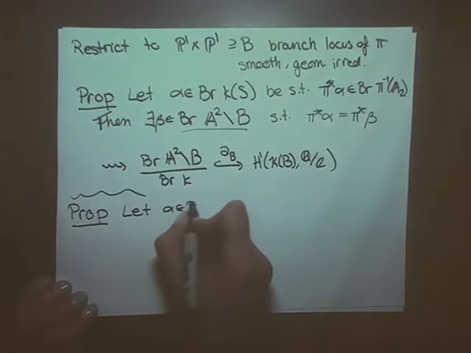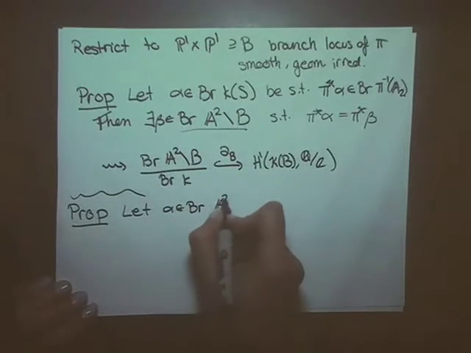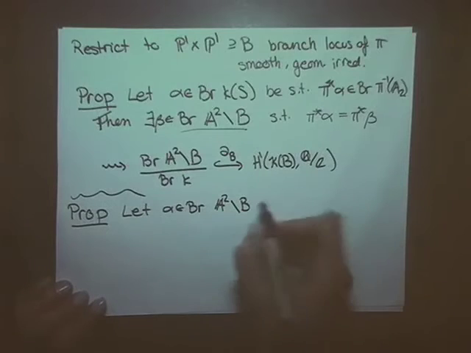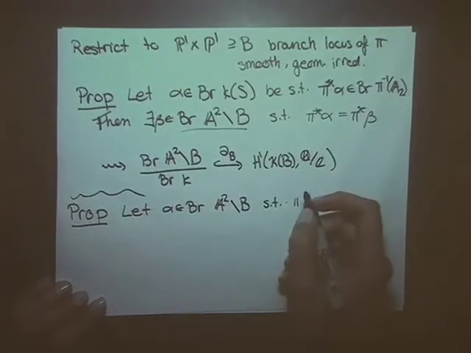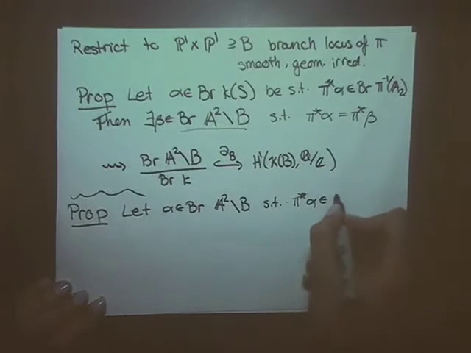So let alpha be in the Brouwer group of A2 minus B such that pi upper star of alpha is a constant algebra.